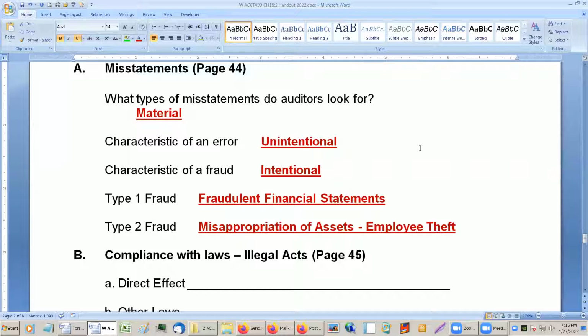I just like that term, misappropriation of assets. It sounds like something you should do, but it's actually employee theft.